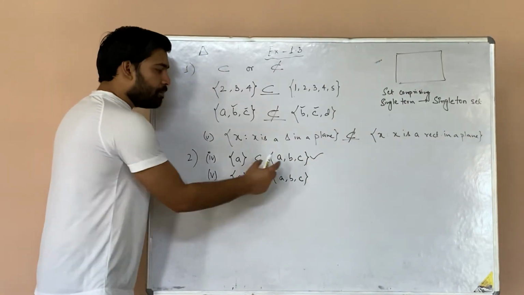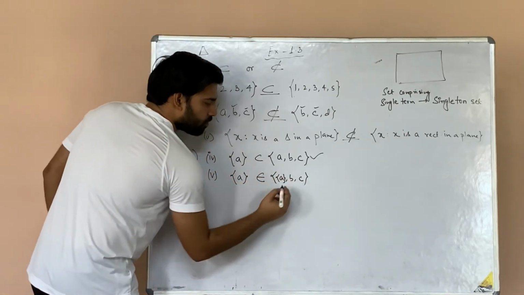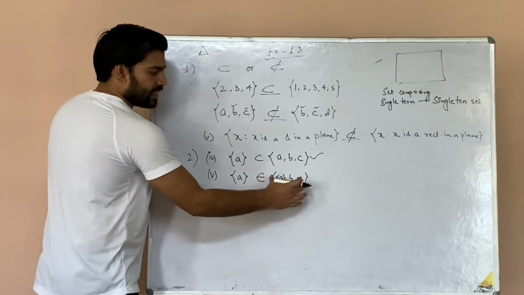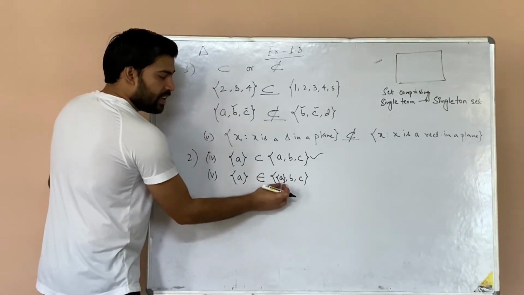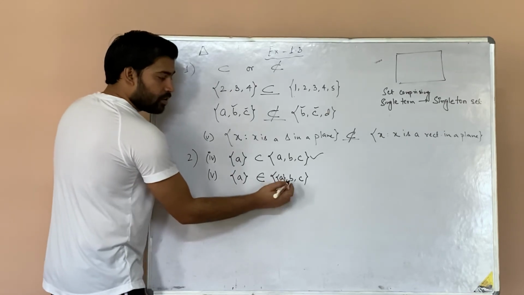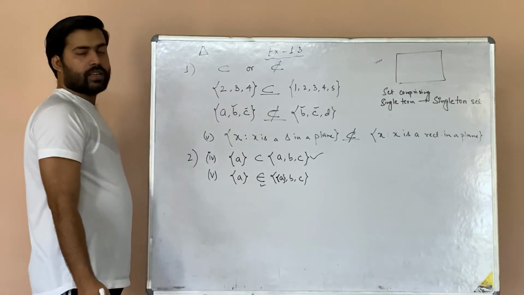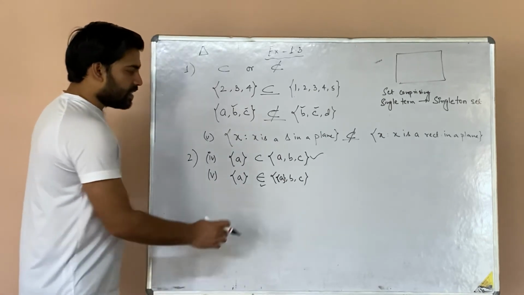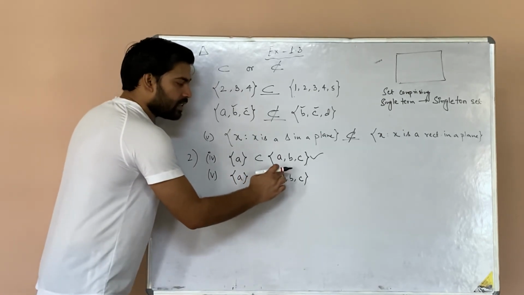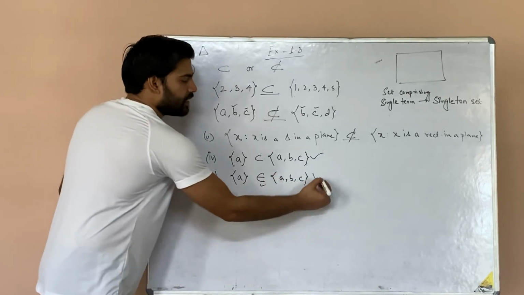Because had it belonged to this set, I would have written it in this form, that this set is comprised of set A as an element. This whole set A comes as an element. Had it been like this, I would have said okay, this statement is correct. But this is not given in this form, since they are just simply giving us A only. So this statement is wrong.